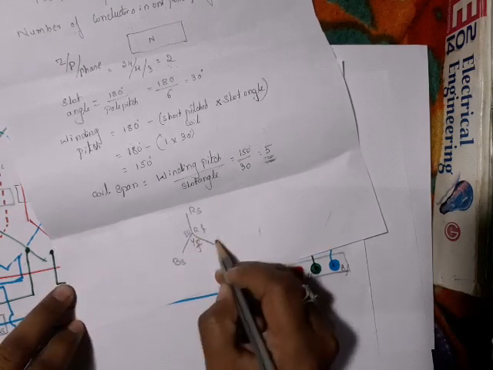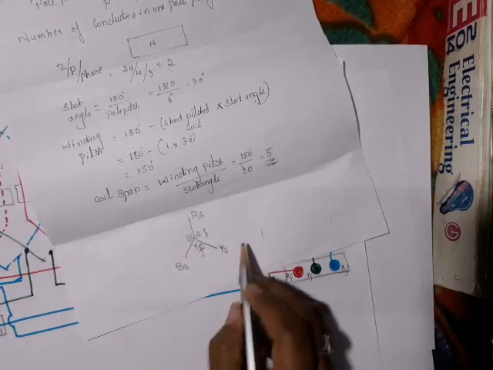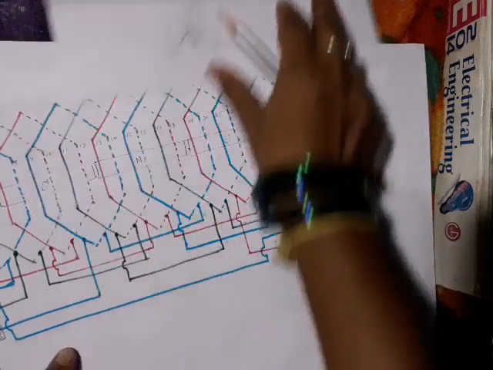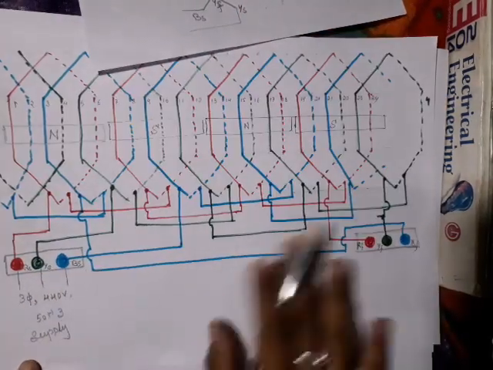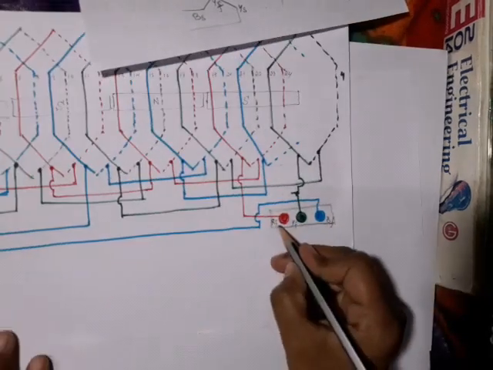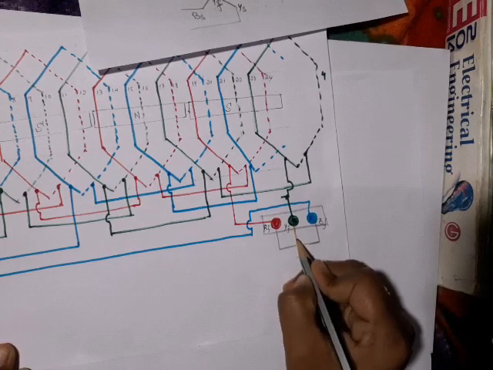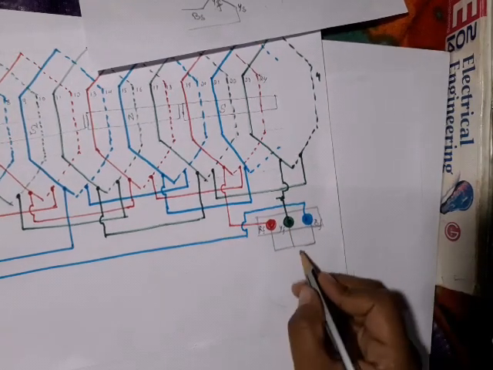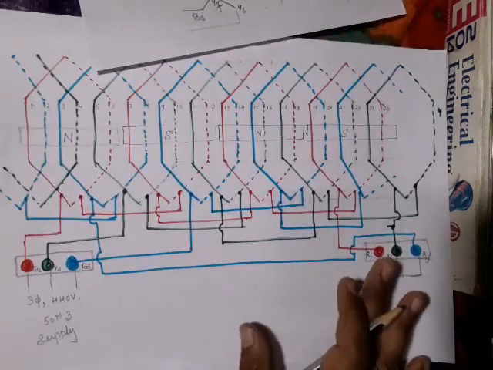All are shorted together, and RS, BS, YS are left open, and later they are going to connect to the supply. So here also the same thing. These starting windings are connected to the supply, and the ending windings I am going to short like this. So we are done with the star connection. If the star is grounded, you can make the ground here. So that's it for star connection.